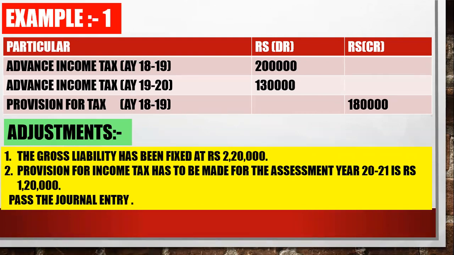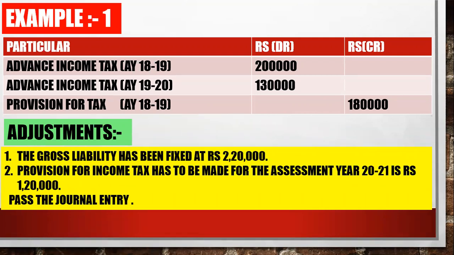Your tax liability is 2,20,000 and your provision for taxes is 1,80,000. So compare your tax liability and PFT. Is it more than, equal to or less than PFT? Yes, your tax liability is more than your PFT.